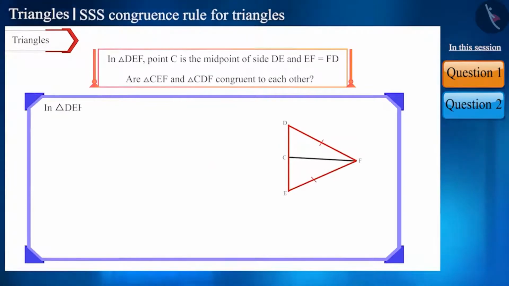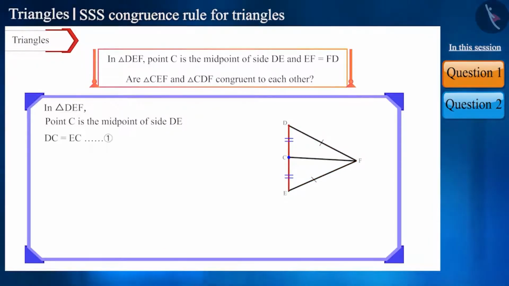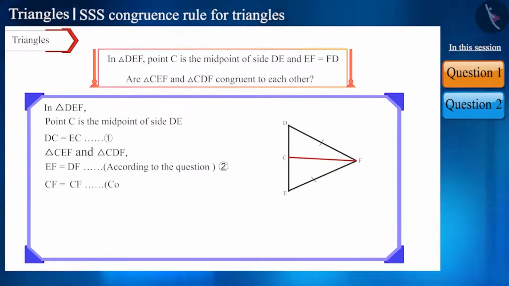In triangle DEF, point C is the midpoint of side DE. That's why side DC and side EC are equal. Now observe triangle CEF and triangle CDF. We are given that side EF is equal to side DF and CF is the common side.